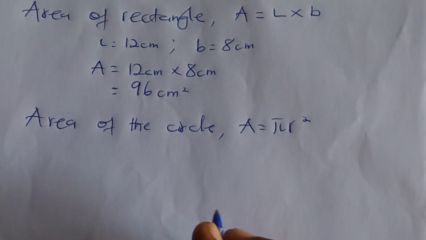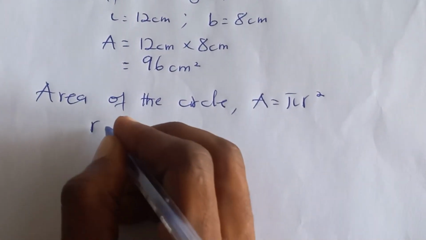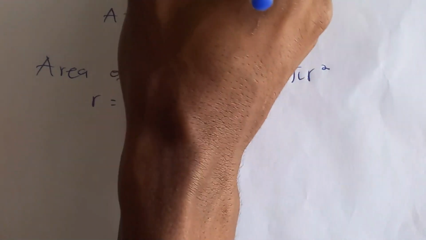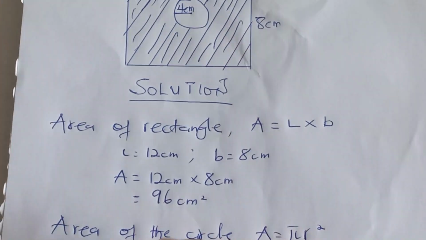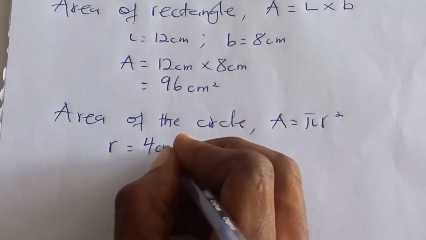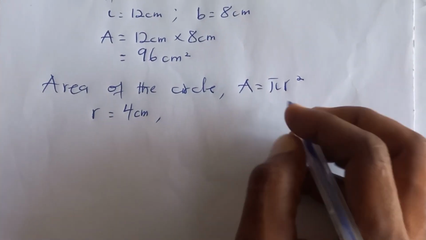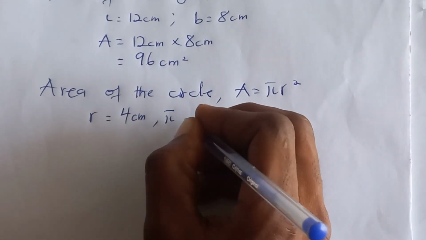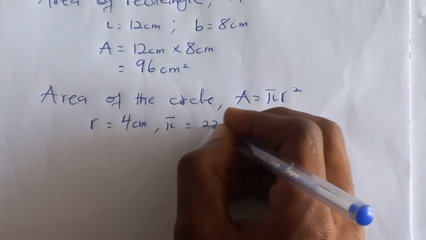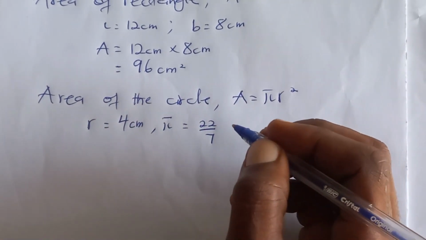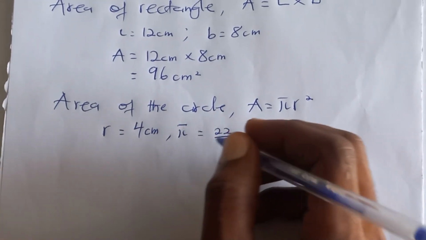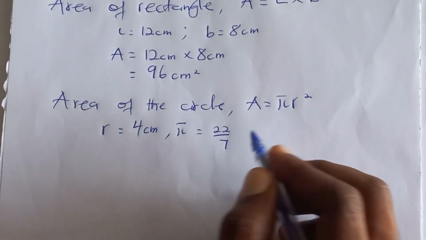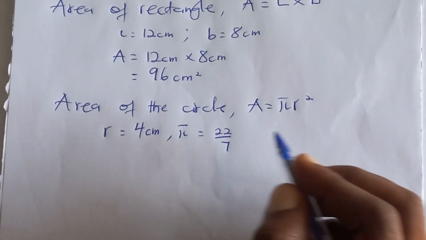In this case, our r, the radius, is from the center to the circumference. It was given to us as 4 centimeters. And our pi, we know pi to be 22 on 7. It's a constant. It was not given to us, so we can use 22 on 7.